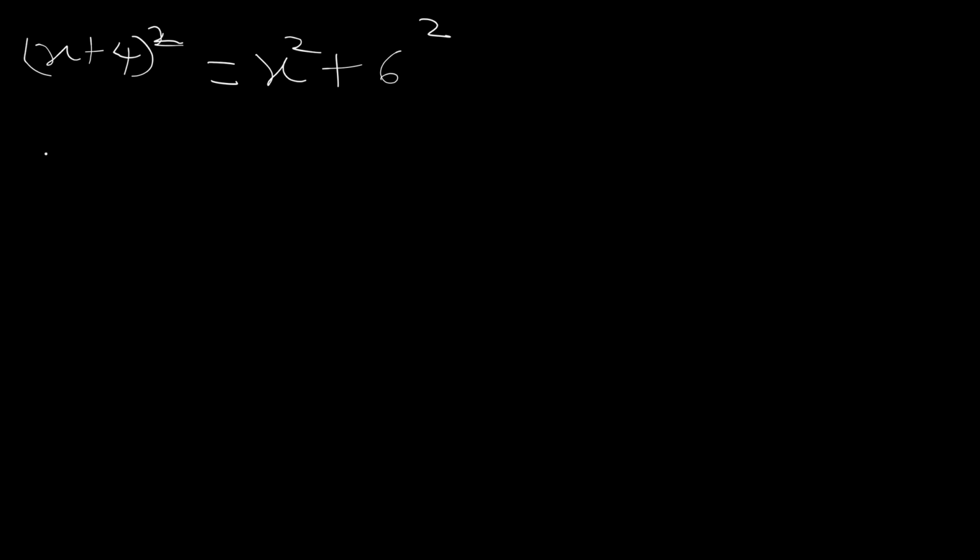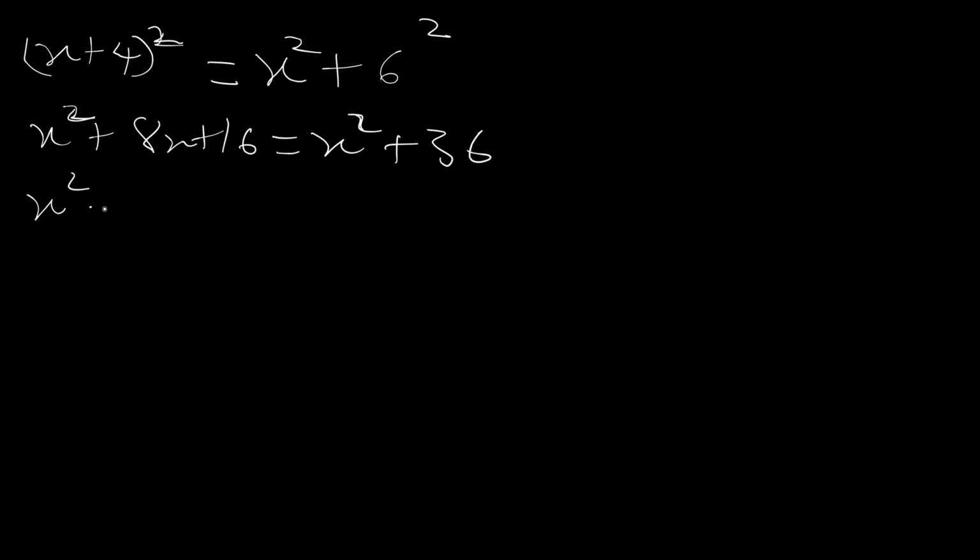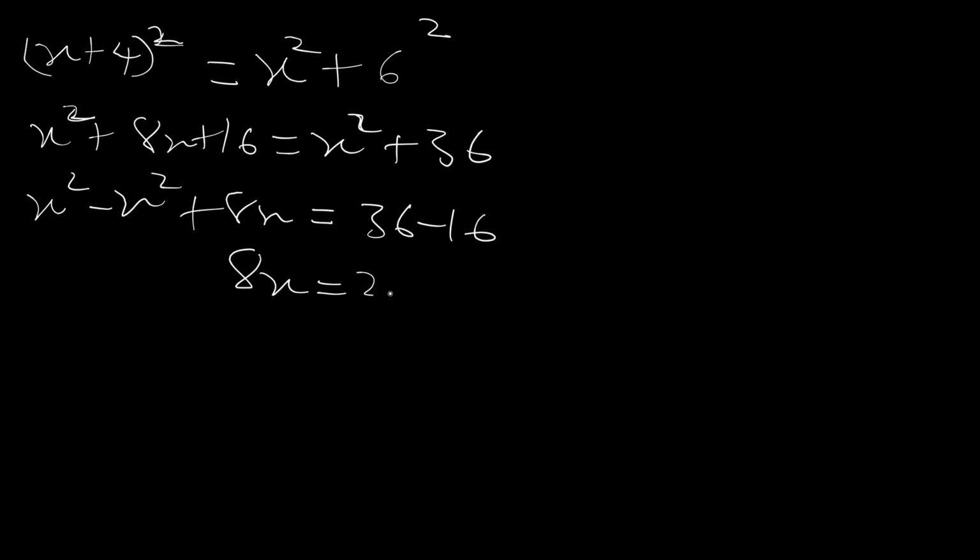Now we can rewrite this as x squared plus 8x plus 16 is equal to x squared plus 36. Now when we group like terms, you have x squared minus x squared plus 8x is equal to 36 minus 16. Now when we simplify, we will get 8x is equal to 20.